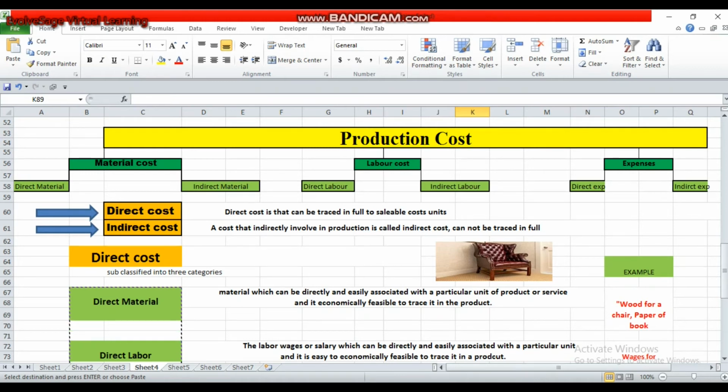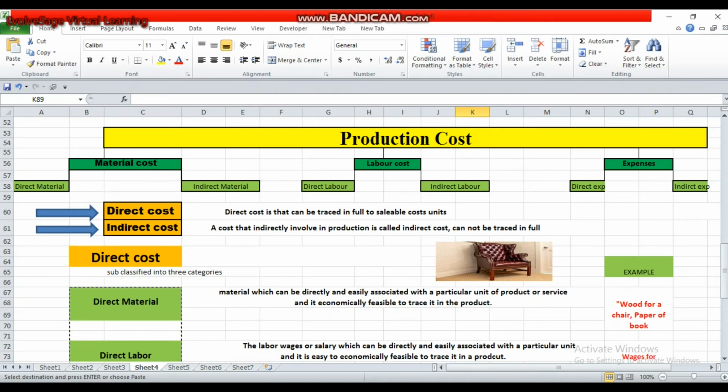One is direct cost and the second is indirect cost. We talked about direct cost, and now we'll talk about indirect cost. Before that, we need to understand what indirect cost actually is. Indirect costs are those costs which are indirectly involved in the production process, and it is not easy for us to quantify how much of these costs are being incurred in the production process.